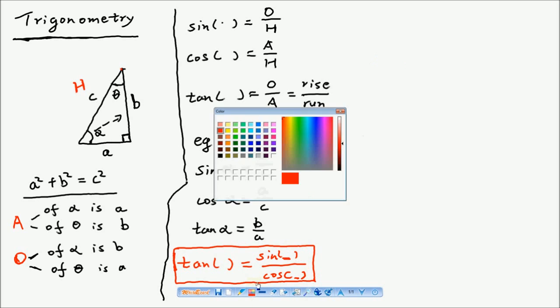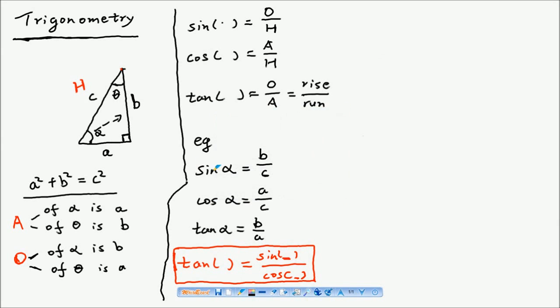I do another example. Say the sine of angle theta equals the opposite line of angle theta divided by hypotenuse, which is a on c, and cos theta is the adjacent on hypotenuse.